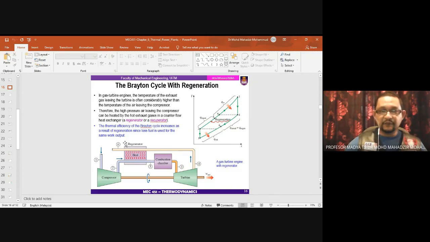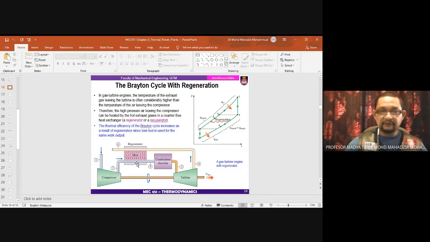In simple words, the hot gas that comes out from the turbine, we take it as an advantage and transfer this heat to the fresh air after this air comes from the compressor.